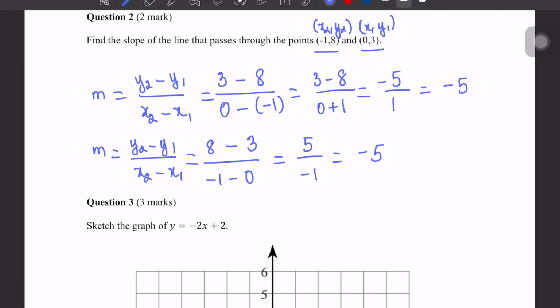So you don't need to worry if you mix up the order of x1, y1 and x2, y2. It doesn't matter. For whatever points you have, you need to do the substitution correctly and your slope would be correct.